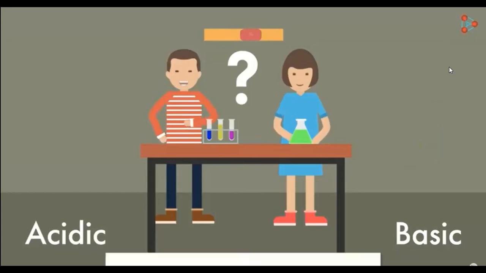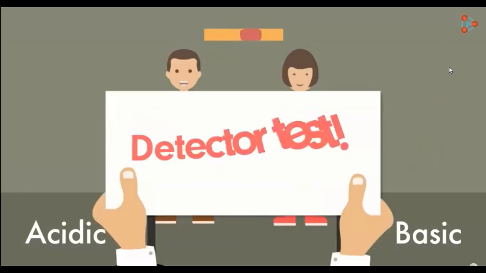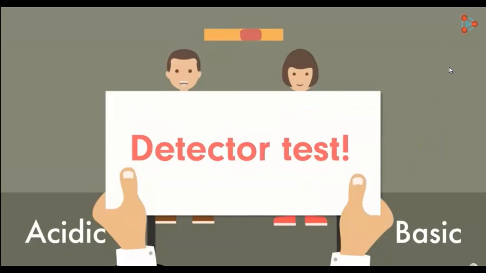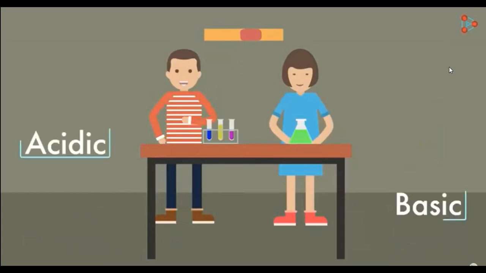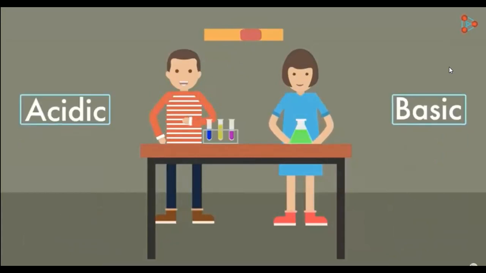The teacher returned and explained that the two had performed one of the detector tests. They were supposed to detect whether the solutions given are acidic or basic. And since the yellow paper changed color and turned red, it indicated that a basic solution was tested.